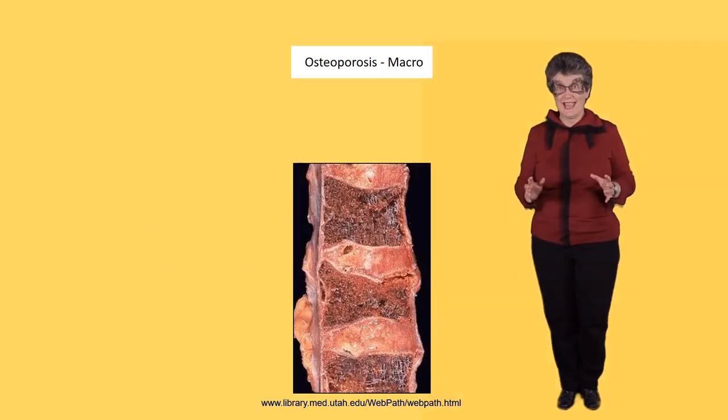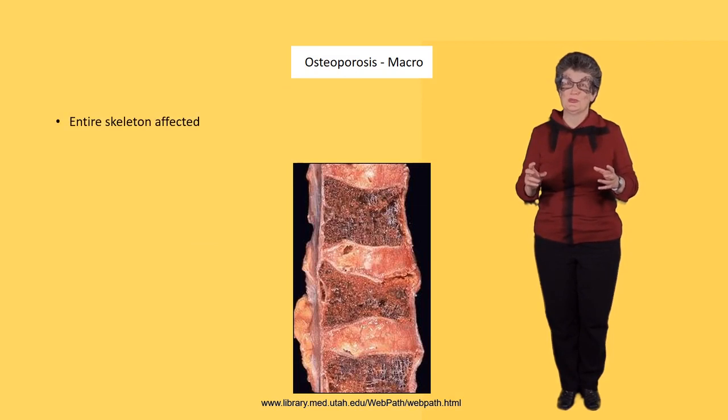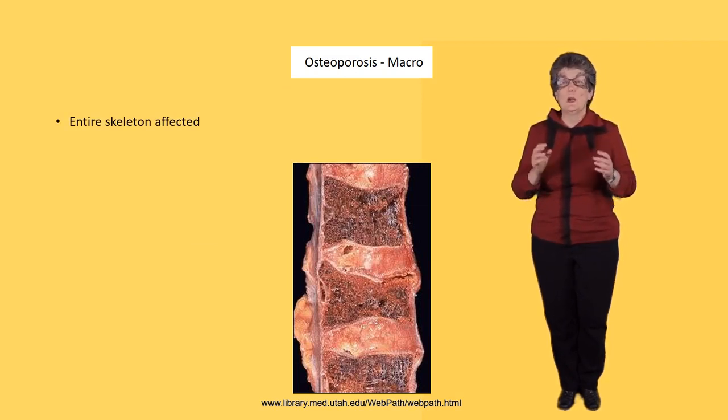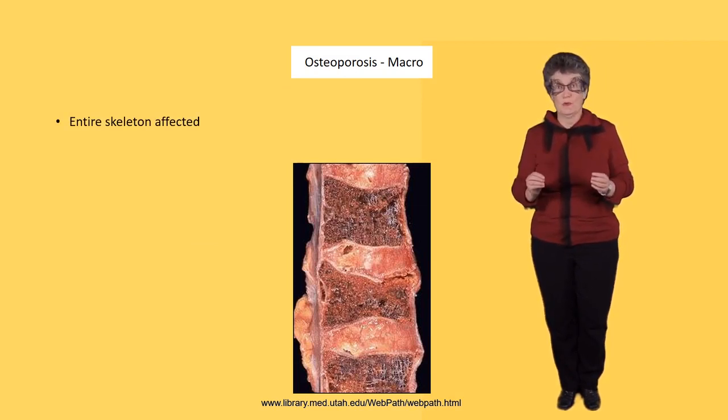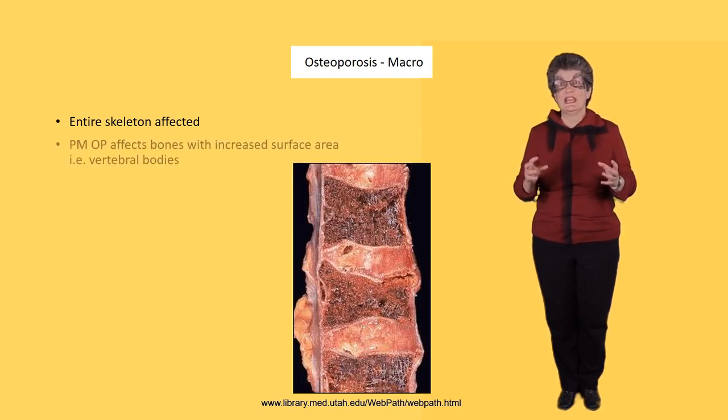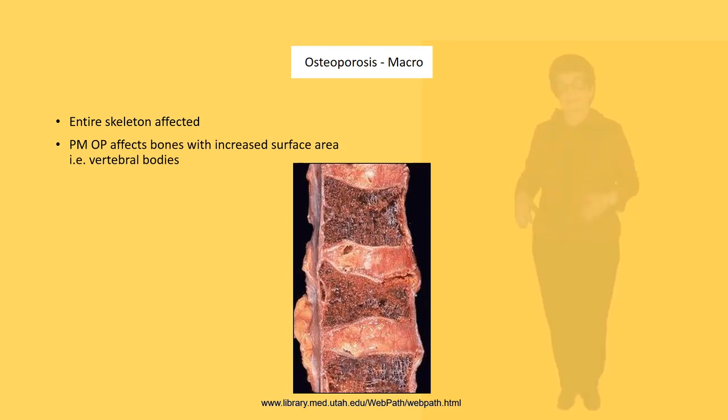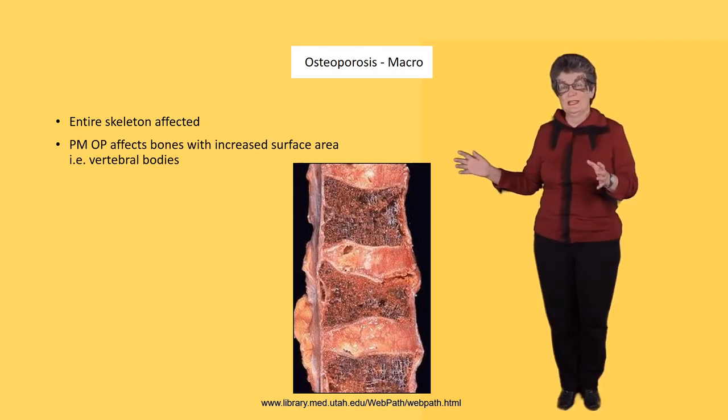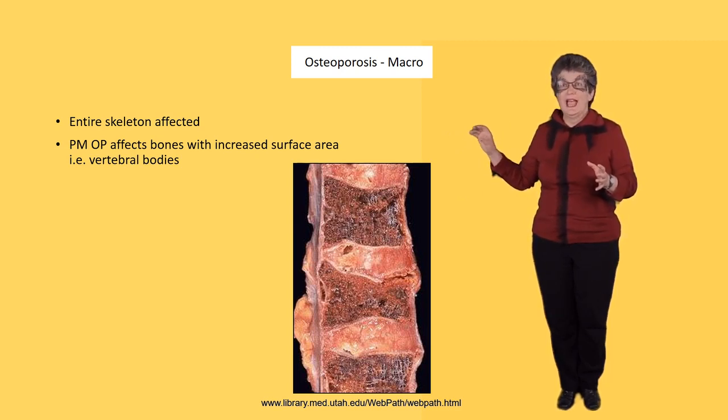The entire skeleton is affected by osteoporosis, but in particular, postmenopausal osteoporosis affects bones with an increased surface area, like vertebral bones. In the picture to the right here, you can see a spine where the vertebrae have collapsed. So the vertebrae are the dark bits, and the discs in between them are the light bits.